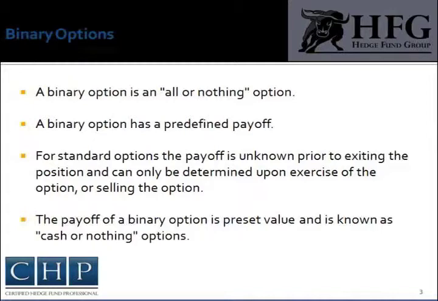The payoff of a binary option is a preset value and is known as cash or nothing. If it expires in the money, the investor receives a specific face value, and if it expires out of the money, the investor receives nothing.